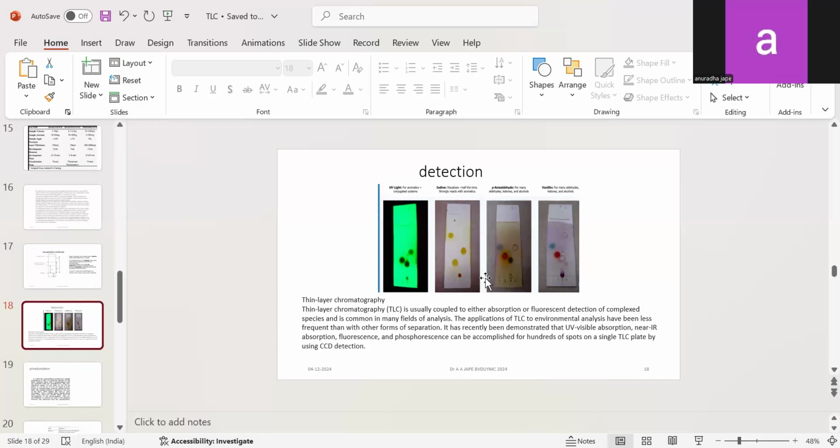But of course, it needs a lot of care while handling sulfuric acid, and that too at high temperatures. So these are the different methods which are used to detect or visualize the analytes.